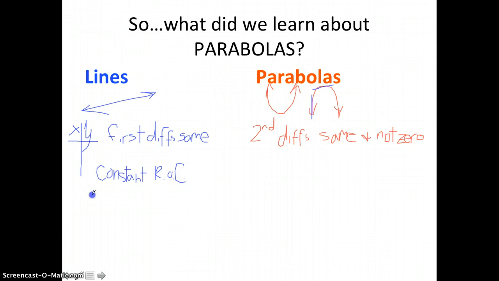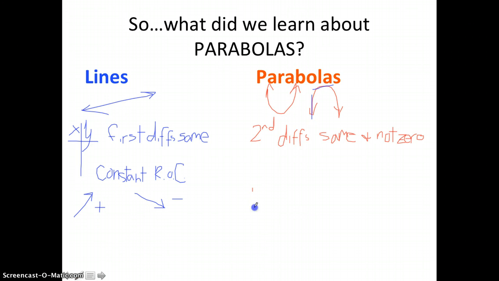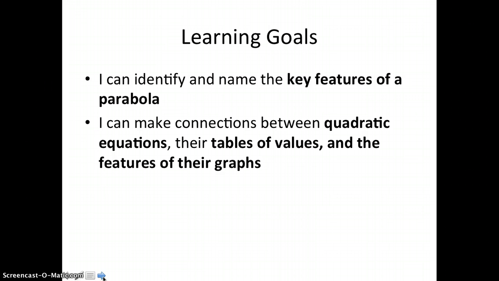With a line, this is what a positive direction looks like, and this is what a negative direction looks like. With a parabola, we do have that idea of positive and negative, but this is what positive looks like, and this is what negative looks like.